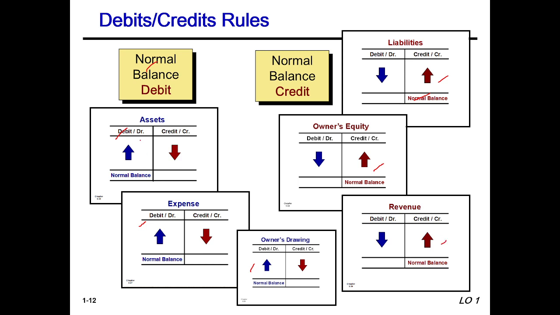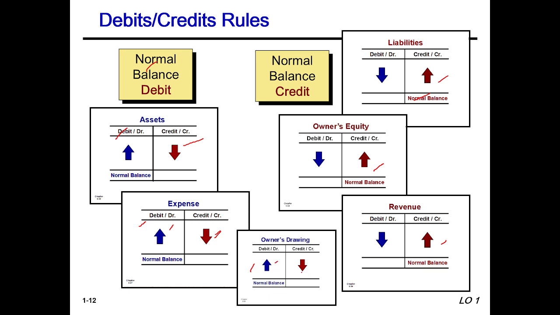So if the business received or purchased any asset, that must be shown on the debit side. Asset decrease must be shown on the credit side. If expenses increase, such as salary expense, wages expense, rent expense, mobile bill expense, all must be shown on the debit side. A decrease is credit.